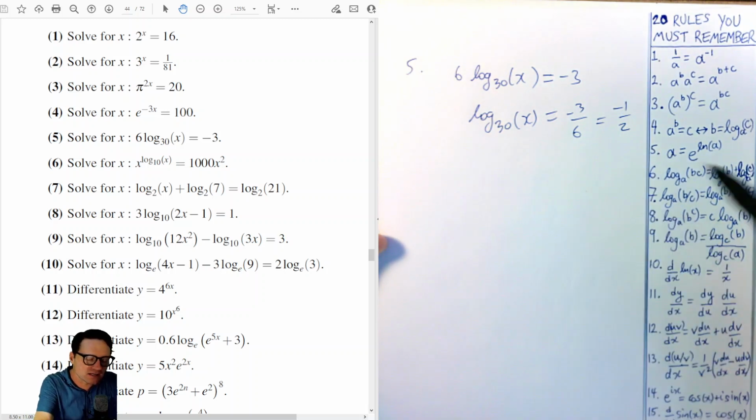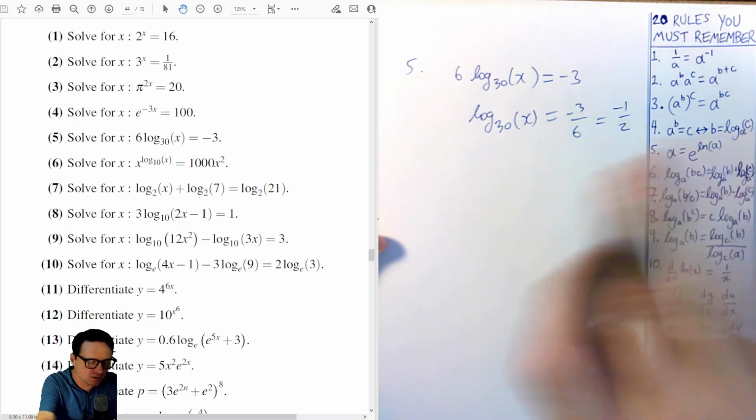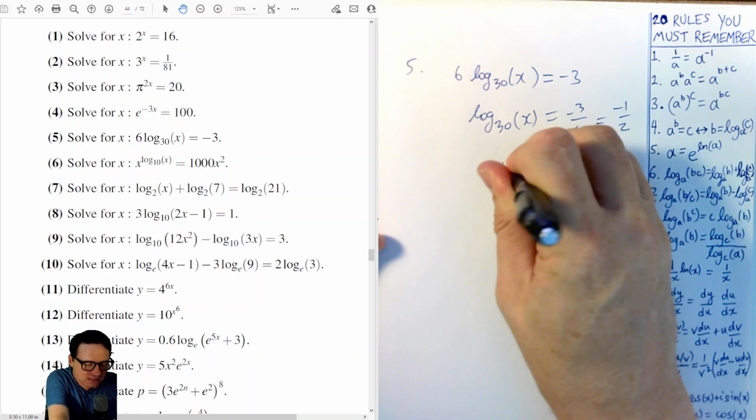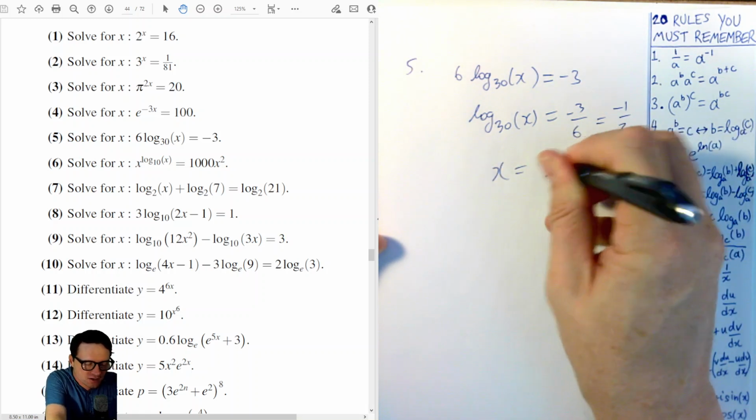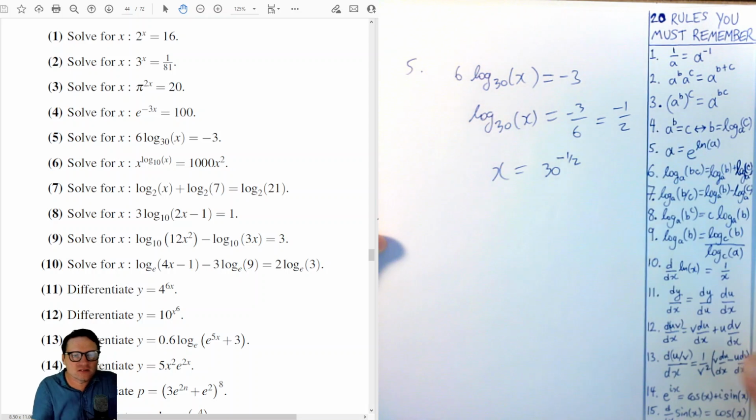Okay, and so now let's change form, putting x as the right hand side, but I'll swap sides and say x is equal to 30 to the power of minus 1/2.